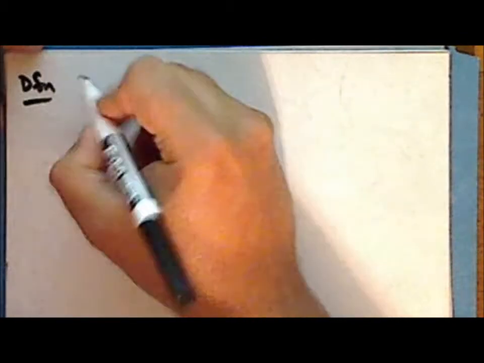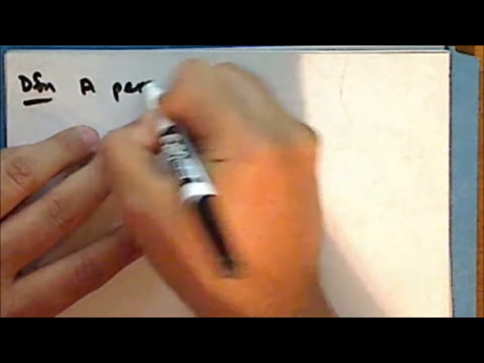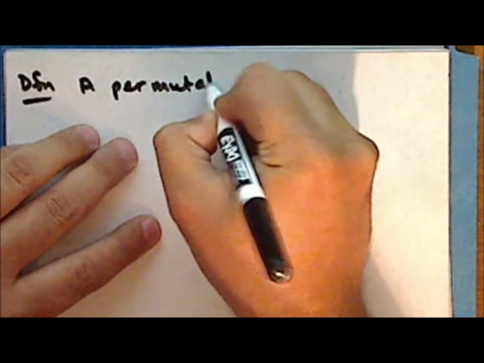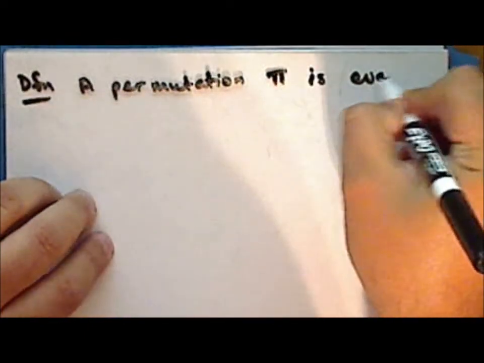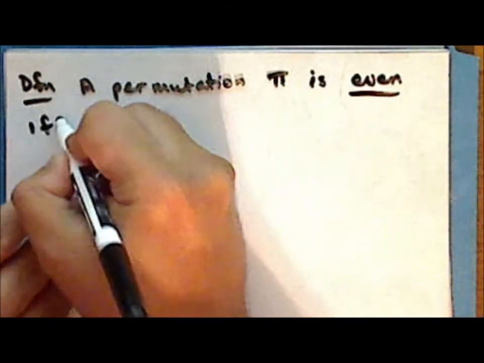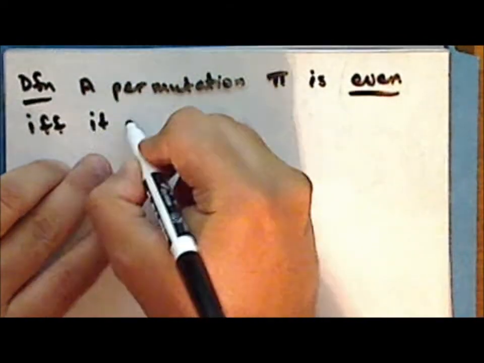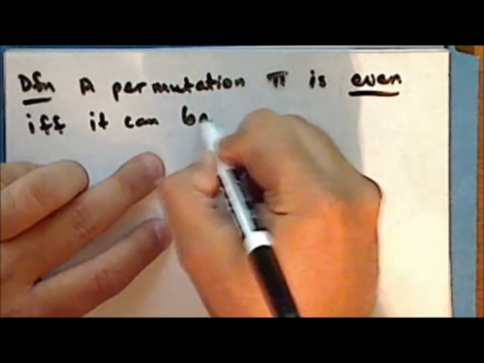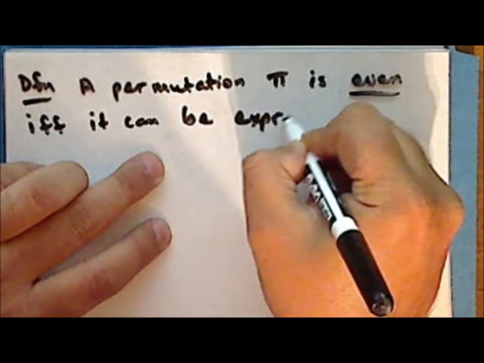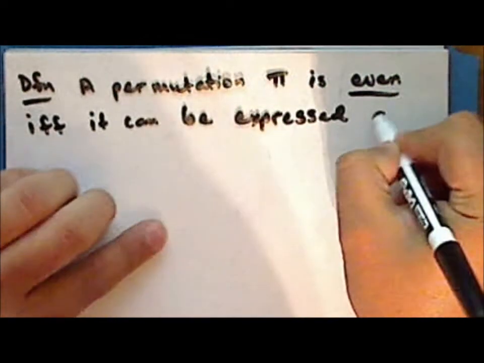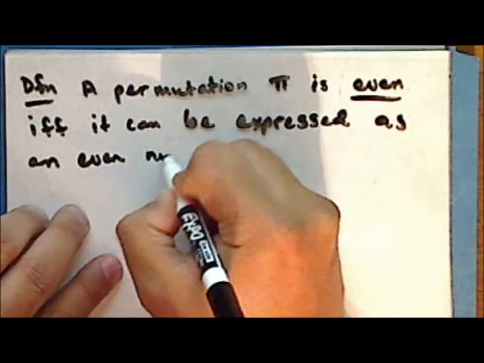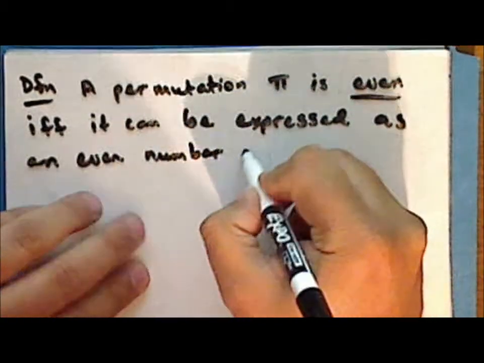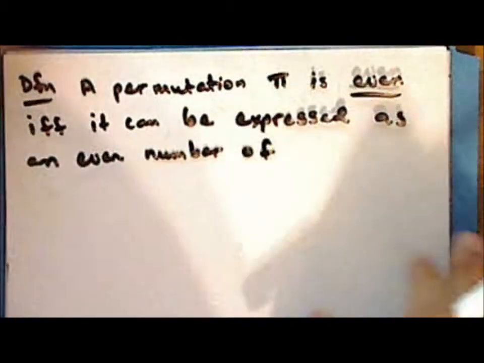So, new definition. A permutation pi is even if and only if it can be expressed as an even number of even cycles.